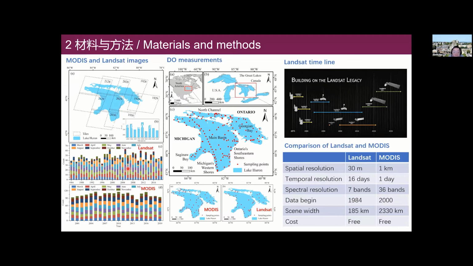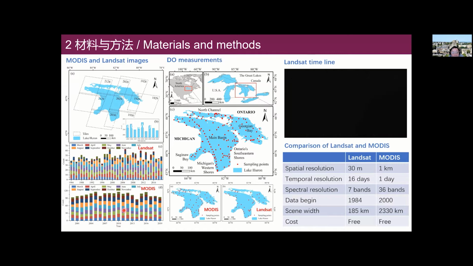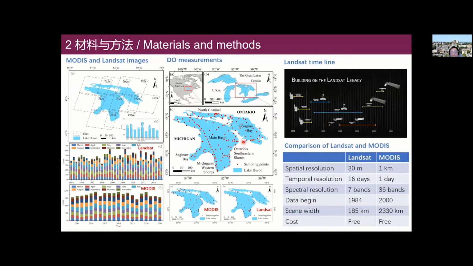MOD09GA images from 2000 to 2019 were screened and downloaded from the Google Earth Engine. The long-term DO and water temperature measurements of Lake Huron were acquired from Environment and Climate Change Canada to ensure high quality of the in-situ and concurrent satellite data used to develop the models.